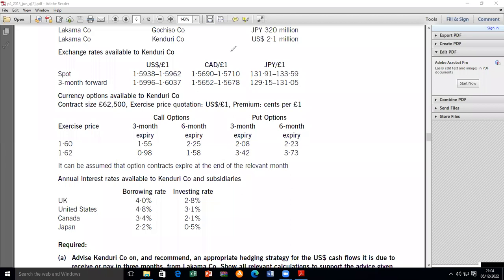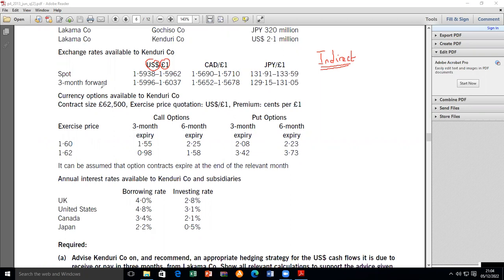This quotation system that we have here, what is it? That's indirect. That's the first thing that you must identify.